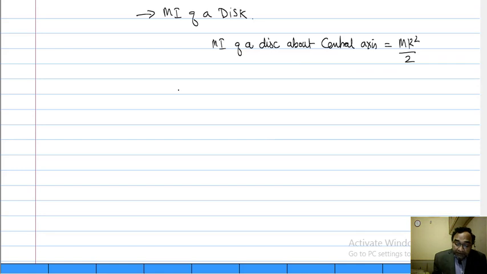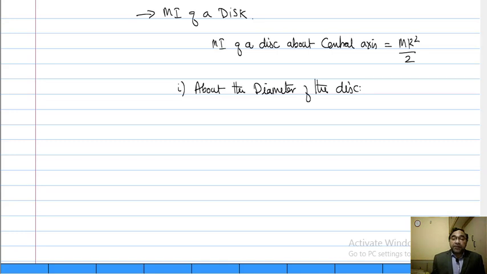Now let us try the first case, about the diameter of the disk. So the axis is the diameter. Now, how are the diameter and the central axis oriented? They are perpendicular to each other.